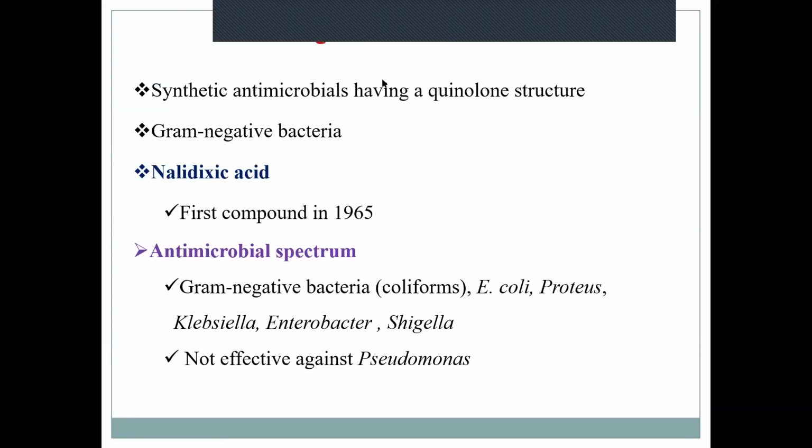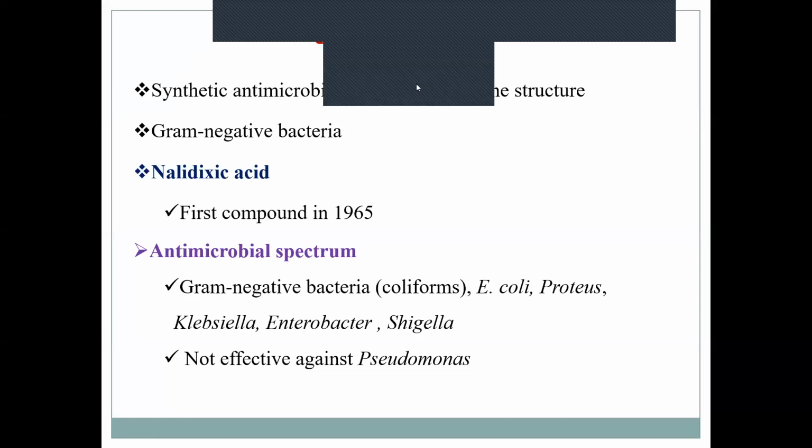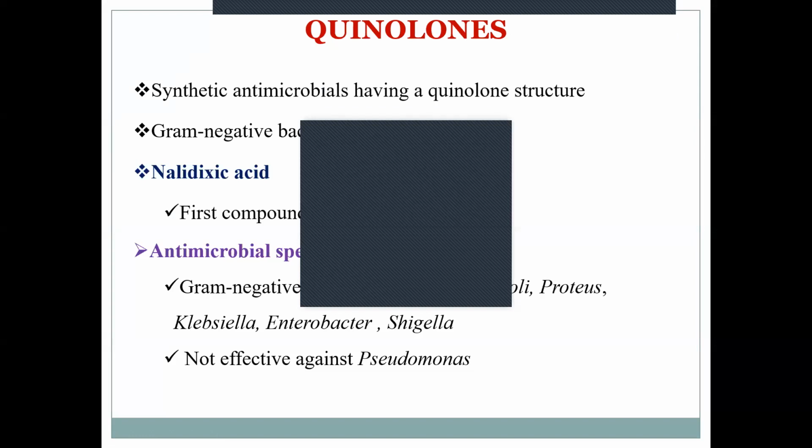Now here I have told you two types of drugs are there. First, earlier introduced were quinolones and then introduced were fluoroquinolones. Quinolones were introduced in the 1960s, when there was no drug particularly for gram-negative bacterial infections.